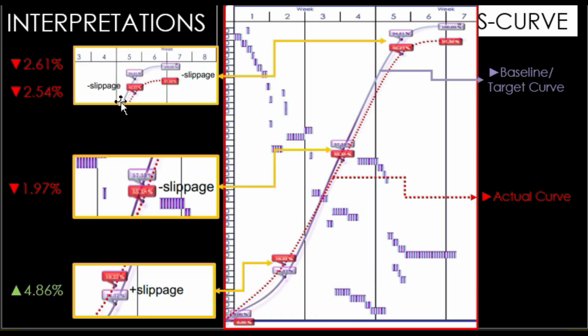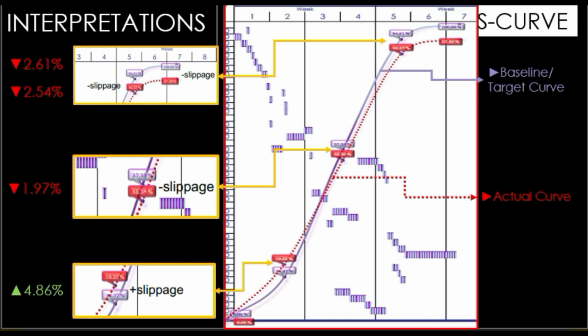Our second observation is the slippage. For the first quarter, the actual progress is ahead of the baseline, meaning it is a positive slippage. For the second, third, and fourth quarter, we encountered a negative slippage.